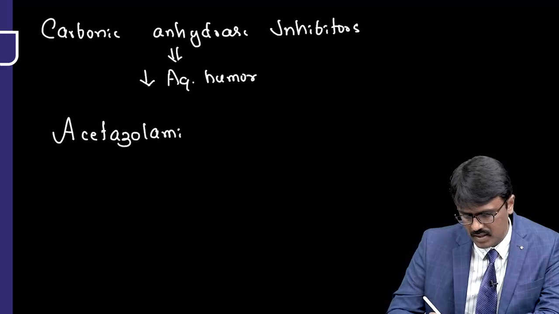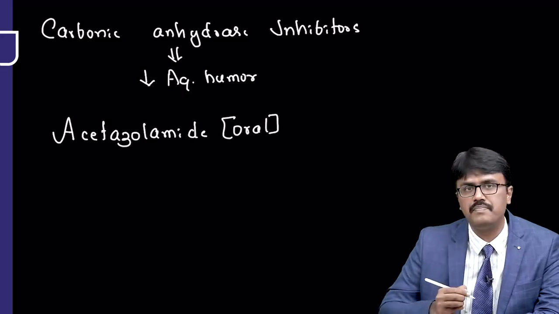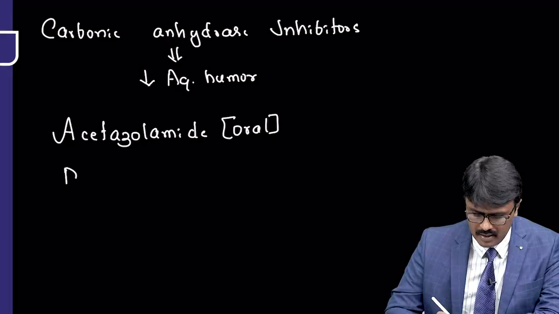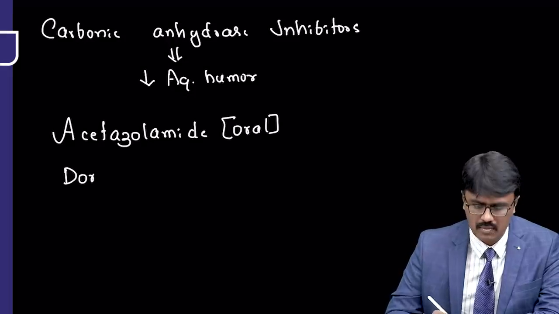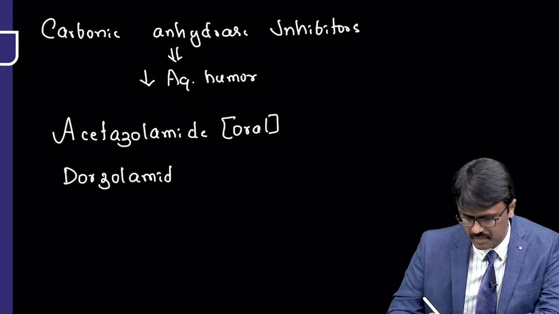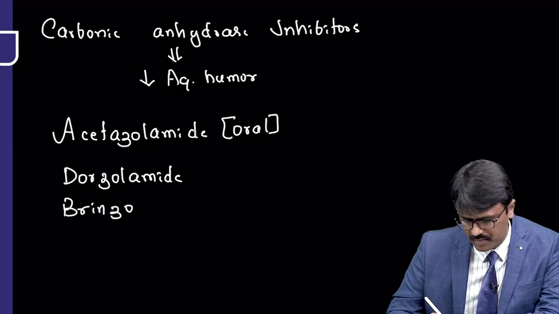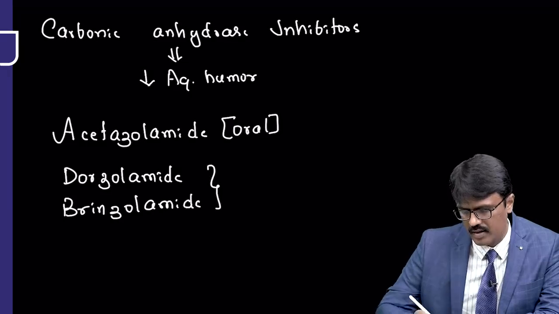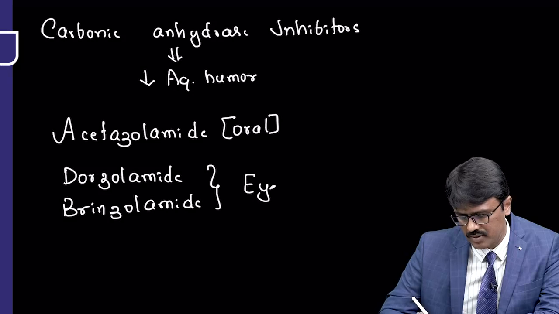The name is acetazolamide, which is given as the oral tablet in glaucoma. The other drugs are the same thing, they end with zolamide: dorzolamide and brinzolamide. Now these drugs are given as eye drops.